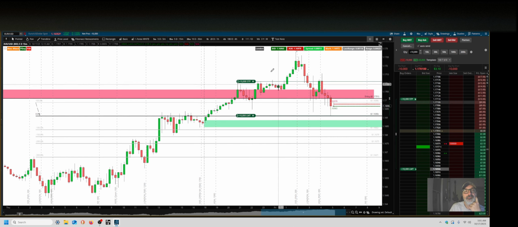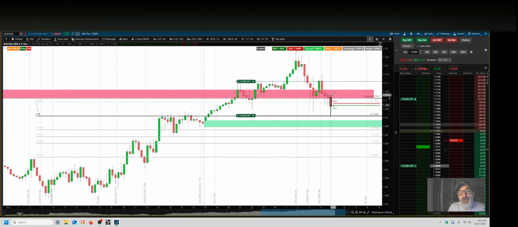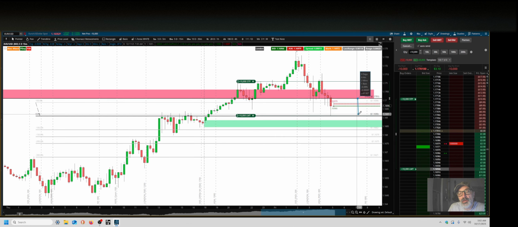And I did create these labels letting me know pretty much what the ranges are. So the last candle gave me a range of 11 pips, 11.8 pips. So typically what I could do is you could take the trend line tool and go where my entry is to my first target, which would be right here.